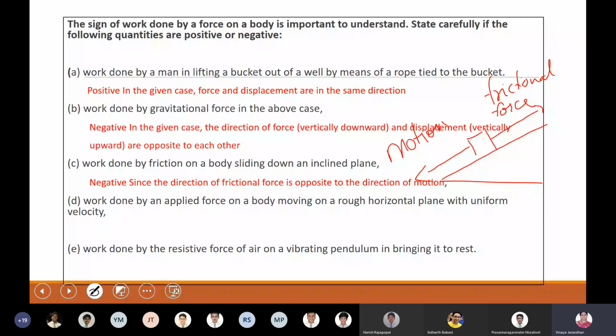Boys, if such a question is tested in your examination, it is a 1 mark question: half a mark for negative, half a mark for writing the reason. If you just write negative, you will get only half a mark. If it is fill in the blanks or MCQ, you can go for negative. But if it is a statement based question, then negative is half a mark and the reason is half a mark.